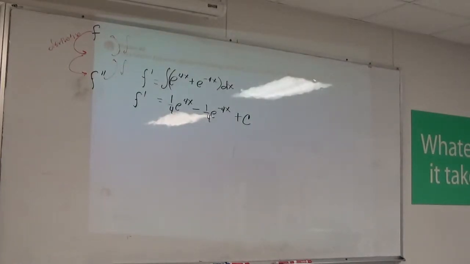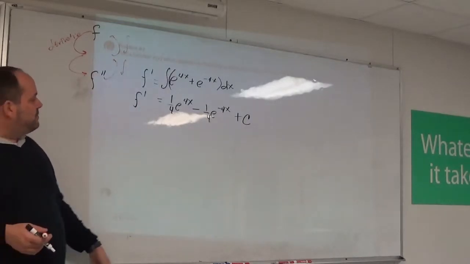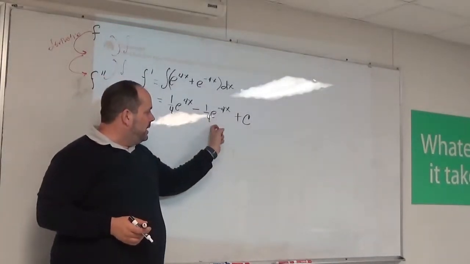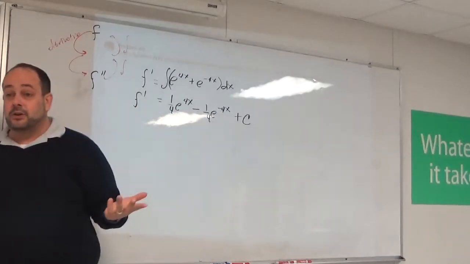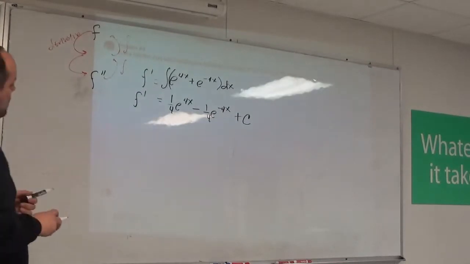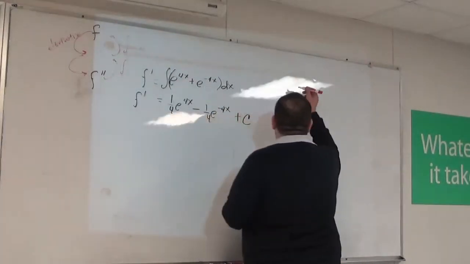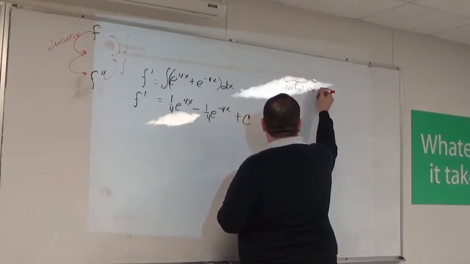You're not done. Your goal is to get to f. We know f prime has this form. We haven't figured out what c is. Do we have any information that we can use to get to c? They gave me this fact that f prime of 0 is equal to 4, and I like to call that the initial condition.